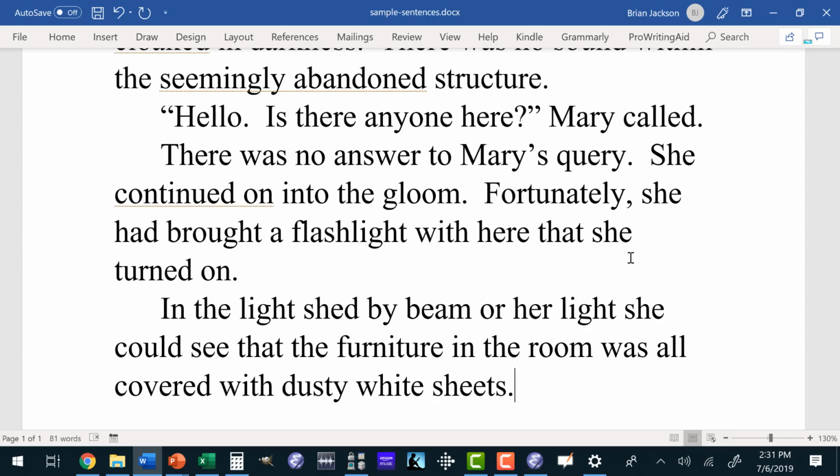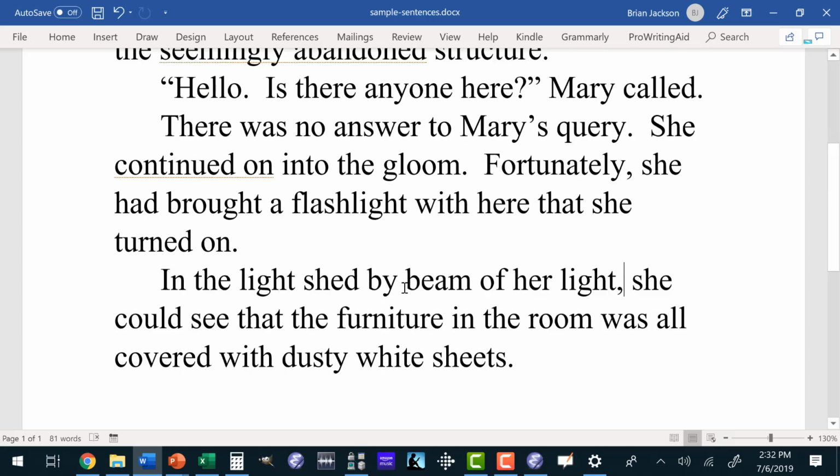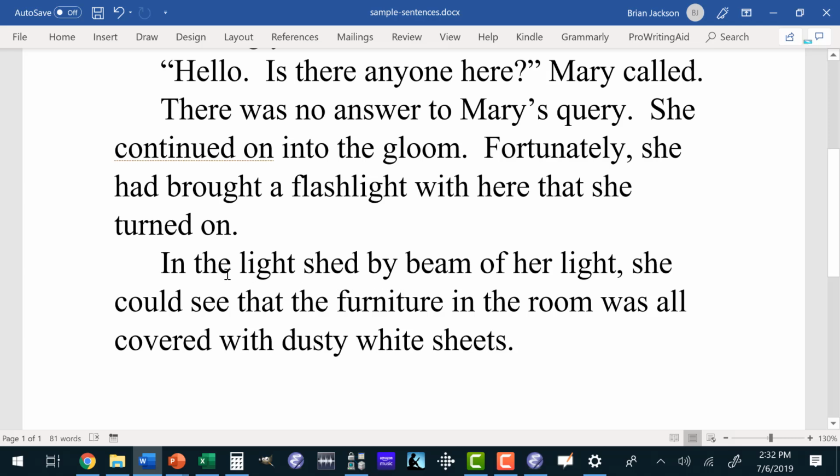Now, is that a complete sentence? Let's take a look. In the light shed by the beam of her light. So this is another lead-in here, so we want to set that aside by a comma. She could see what? She could see that the furniture in the room was covered with dusty white sheets. And let's make sure our tense is right. The light was shed.